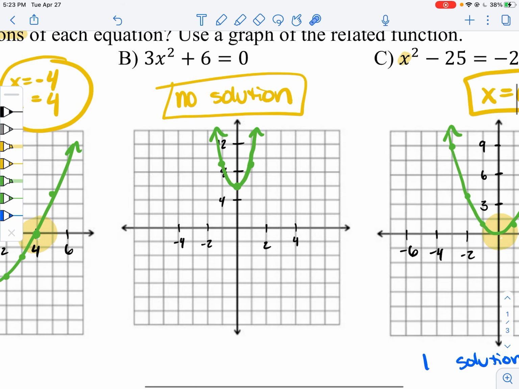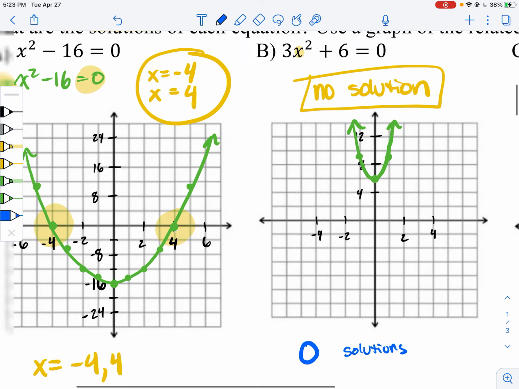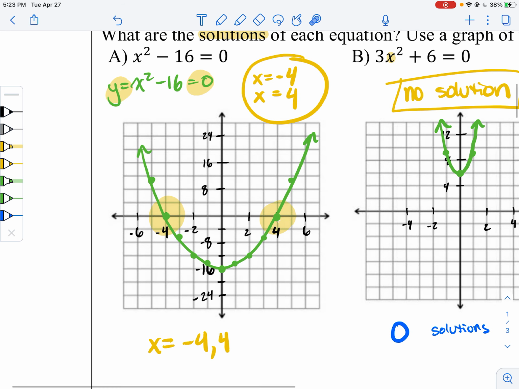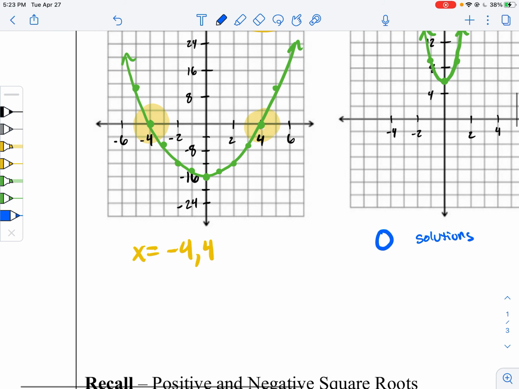This one has no x's that make the equation true, so it has no solutions, 0 solutions. And this one has 2 values of x that make the equation true, so we say it has 2 solutions.